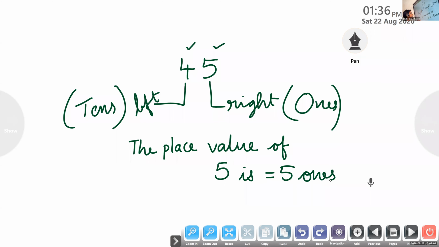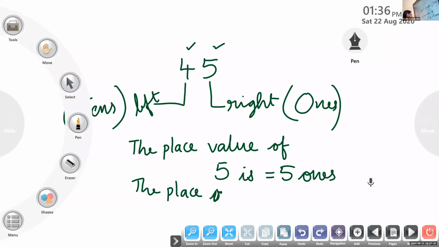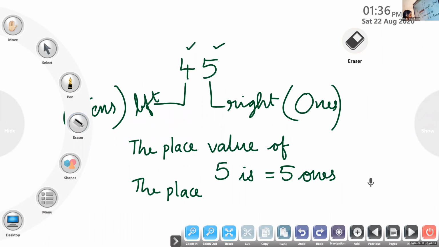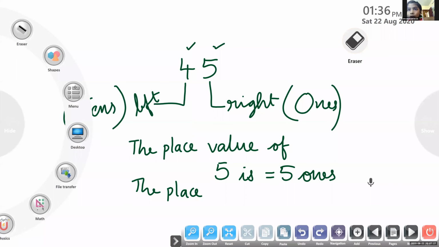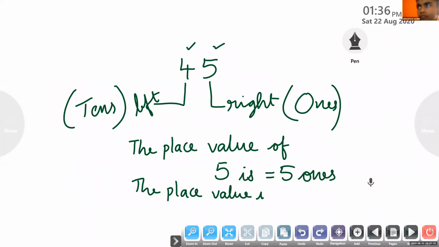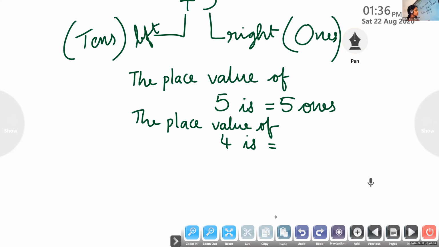Then what about the number 4? The place value of 4. Very good. The place value of 4 is in the tens place, so the place value is 4 tens.